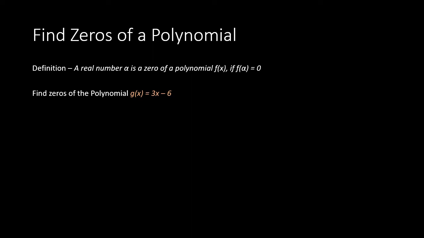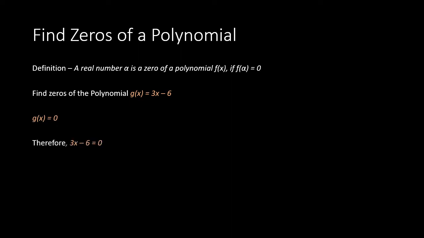So the question is, find zeros of the polynomial g of x equals 3x minus 6. This means that I have to find that value of x which, when replaced in the polynomial, gives g of x equals 0. We just did it earlier.